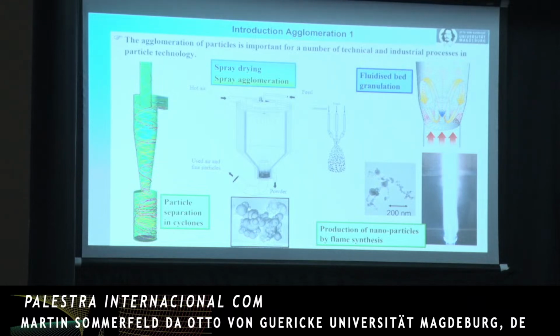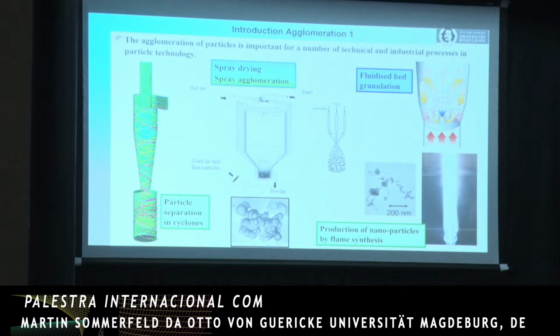You want to know the primary particle size, not the agglomeration. But here, for example, in a spray dryer, agglomeration is favored. You want to produce solid particles from a suspension at the end. Therefore, you spray liquid or suspension, you dry it, and at the end you have solid particles, mostly with agglomeration forming these kinds of particles.